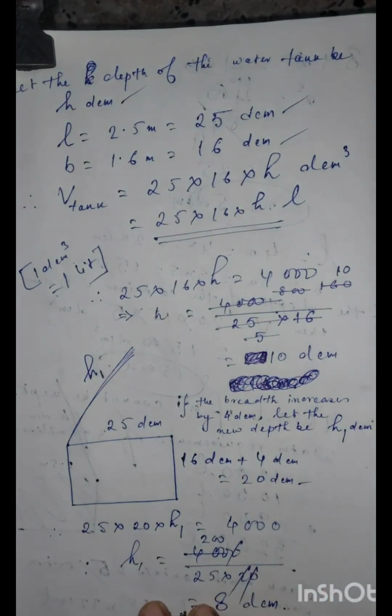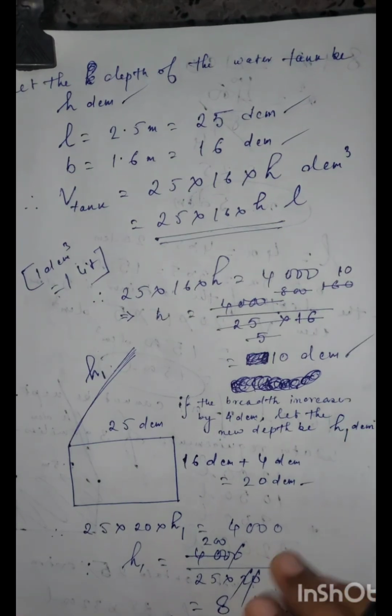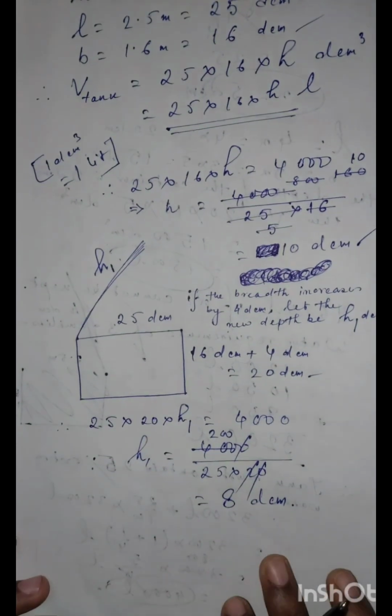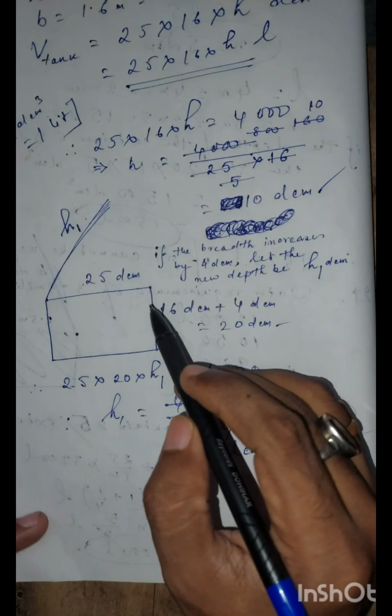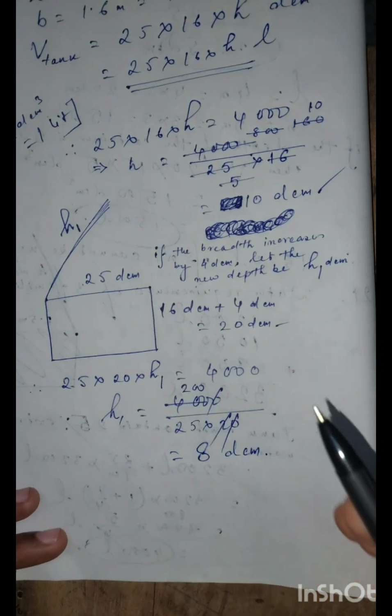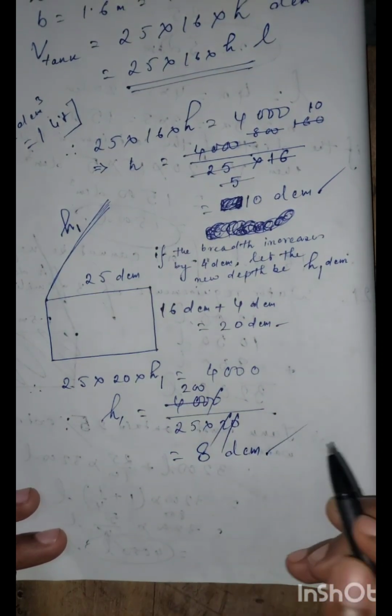Sorry friends for my mistake. So the previous height of the tank should be 10 decimeter. Now if we increase the breadth, then the new height becomes 8 decimeter.